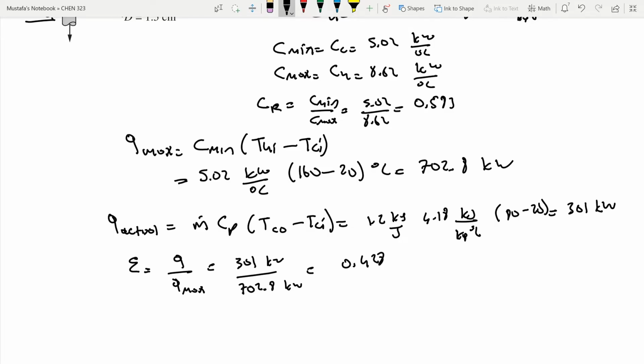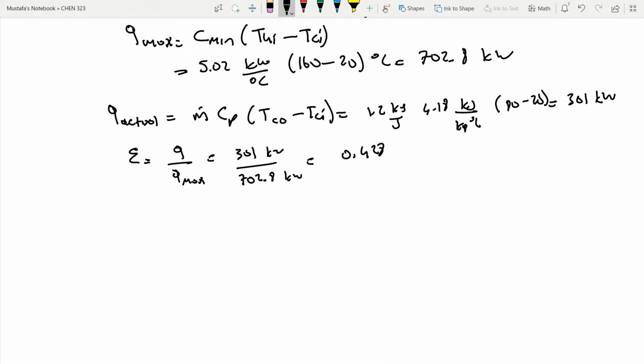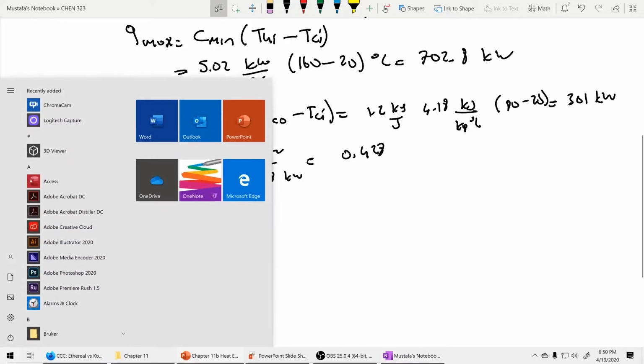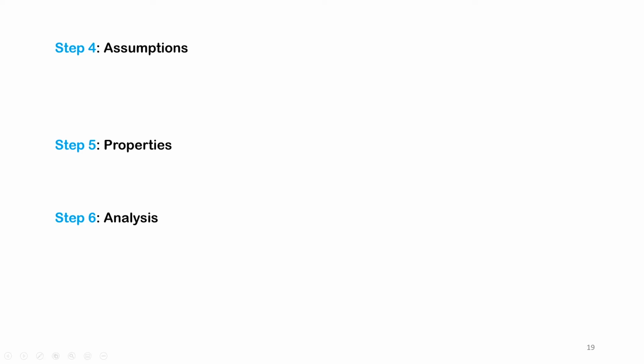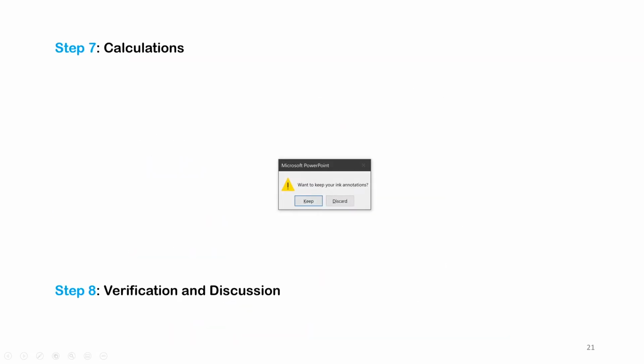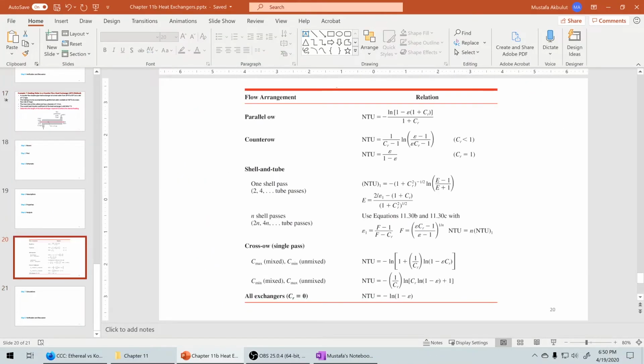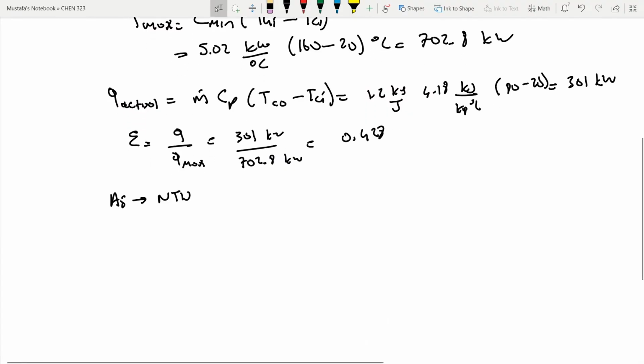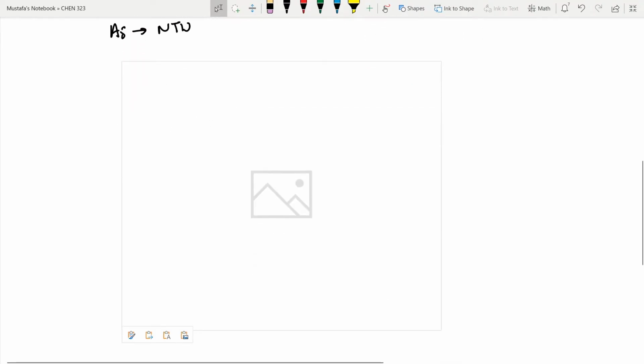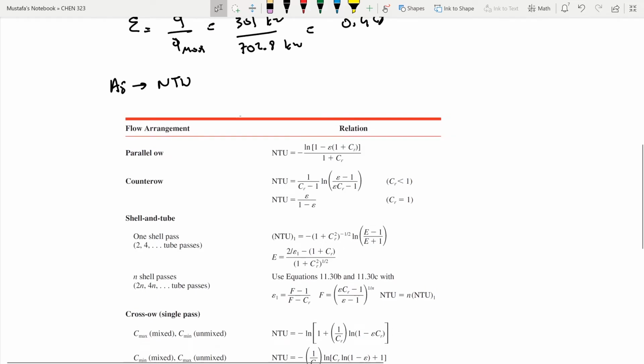This is the effectiveness. My goal is to find the area, which comes from NTU. So I need to use the NTU equations, the inverse correlations, to find NTU.